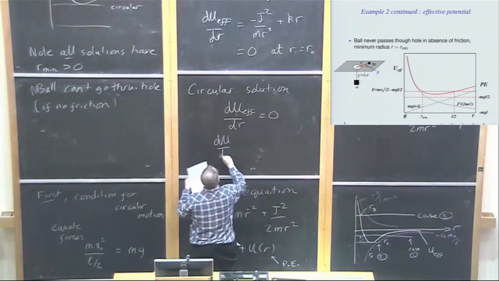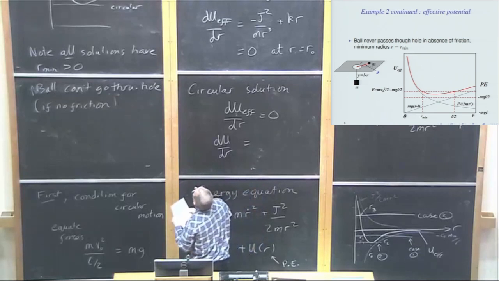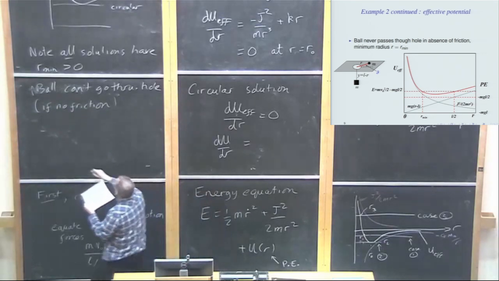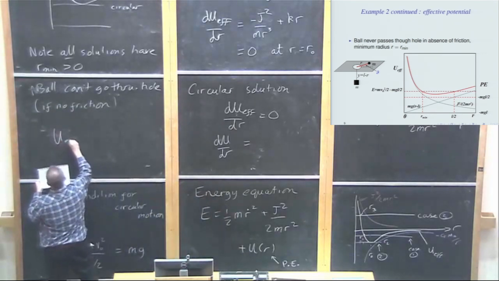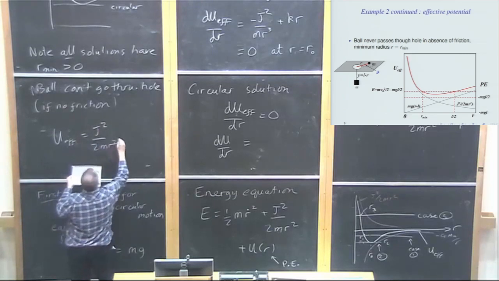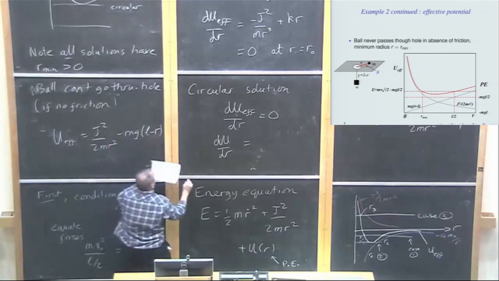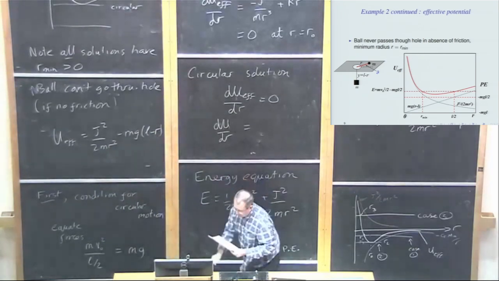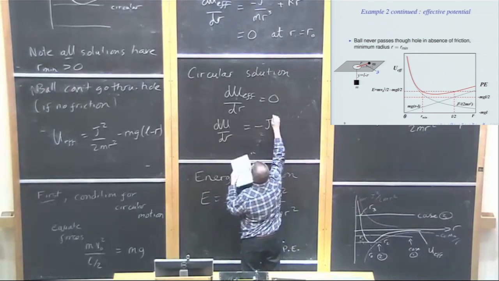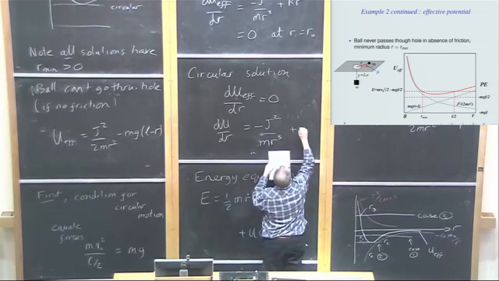dU by dr is going to be, in this case, because U effective is J squared over 2mr squared minus mg (L minus r). So if I differentiate that, I find we have minus J squared over mr cubed plus mg.